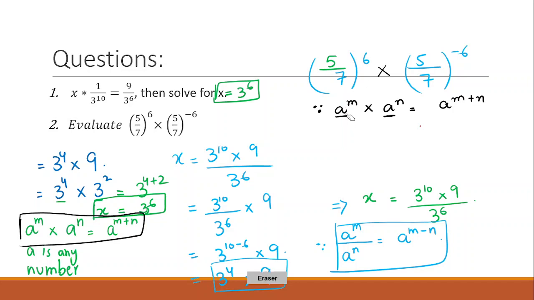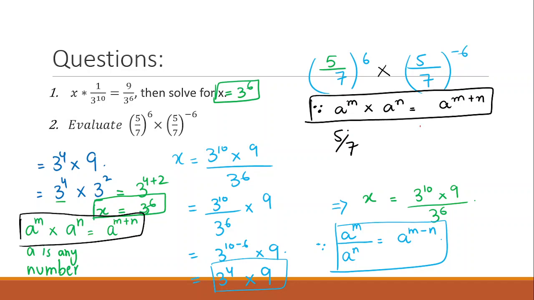So when a to the power m is multiplied by a to the power n, we just write one a and the powers are added, m plus n. In this case, we have 5 over 7 to the power 6 multiplied by 5 over 7 to the power negative 6. If you compare it with the product rule, 5 over 7 is basically a.